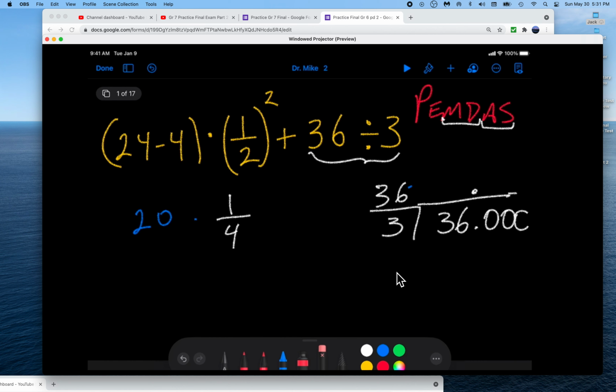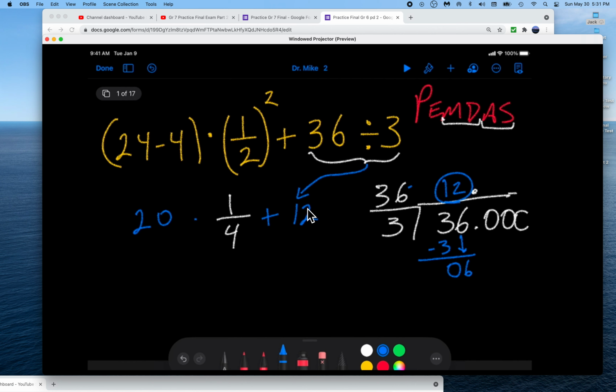And then we do our division. 3 goes into 3 once. We check this number, make sure it's lower than the divisor. If it is, then we know we have the correct number here. Bring down 6, and we get 2, and that's our final answer. So 36 divided by 3 becomes plus 12.